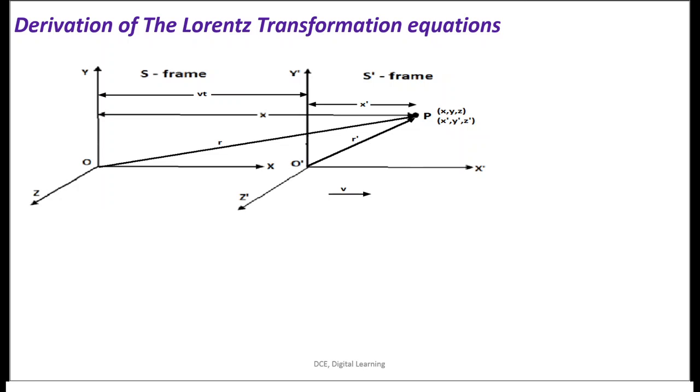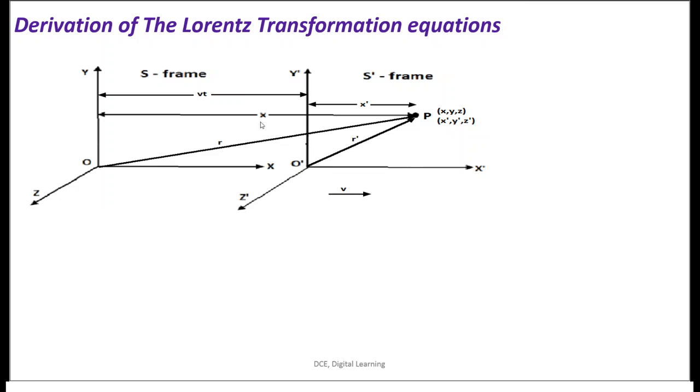After a lapse of time, that is after a time t, the observer at O sees that the light has reached the point P having the coordinates x, y, z with respect to S frame, and x prime, y prime, z prime with respect to S prime frame of reference.